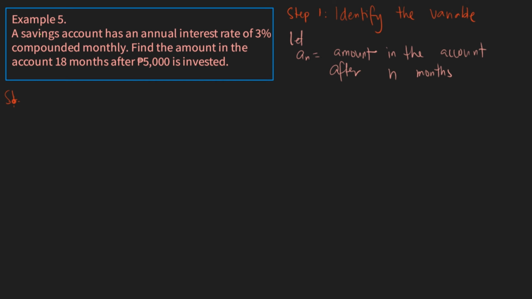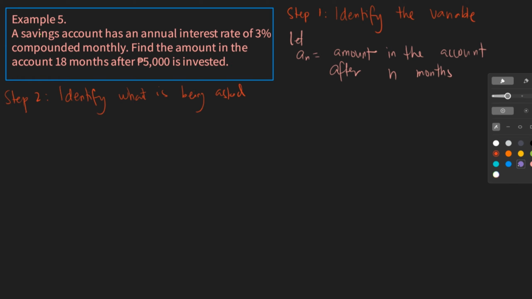Now what about step number 2? Identify what is being asked. So we want the amount in the account 18 months after investing 5,000 pesos.